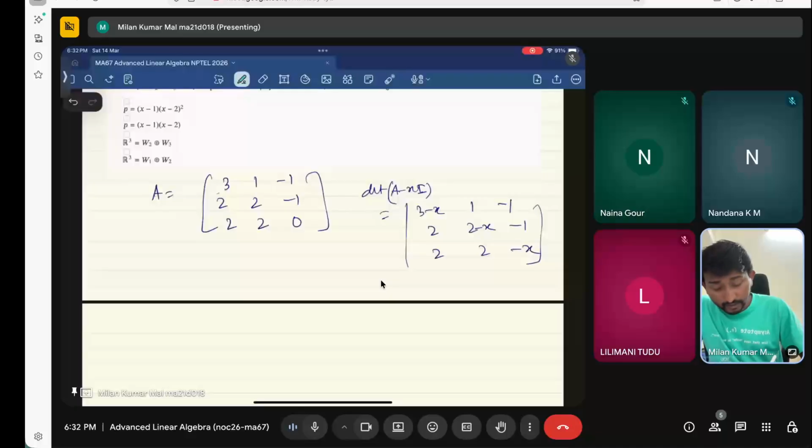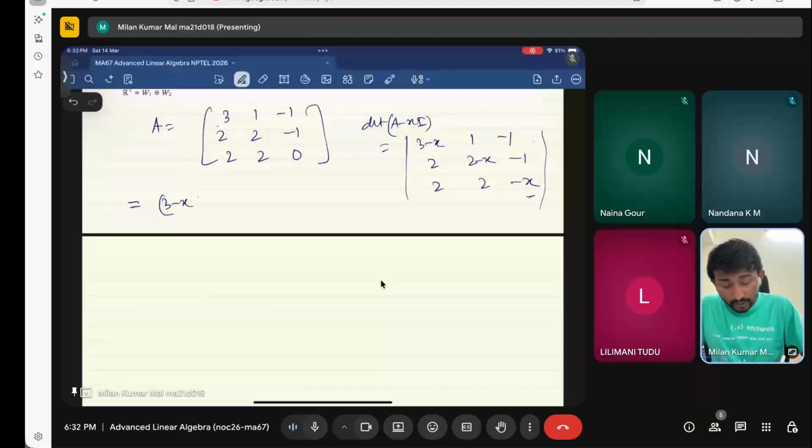So let me expand this. This is something we have to work out. 3 minus x times (2 minus x)(minus x) plus 2, minus 1 times (minus 2x) plus 2, and minus 1 times 4 minus 2(2 minus x).